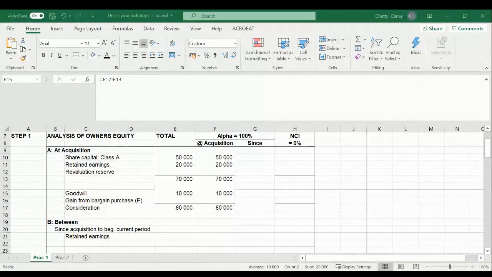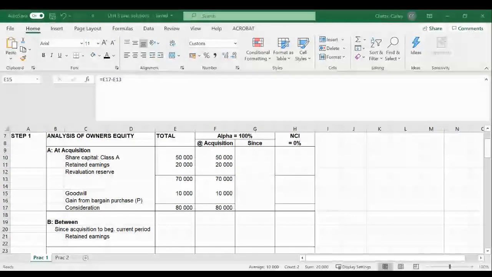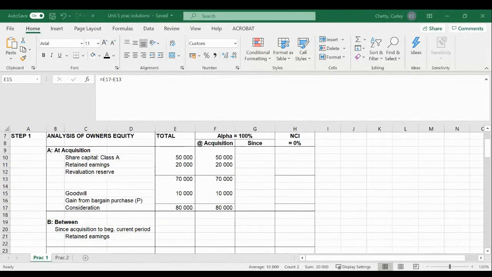So if we have a look at the second required, the second required said, prepare the pro forma journal entry required to eliminate Alpha Pty Limited's investment in Beta against the equity of Beta in order to prepare the consolidated financial statements of Alpha Group as at 31 March 2019.